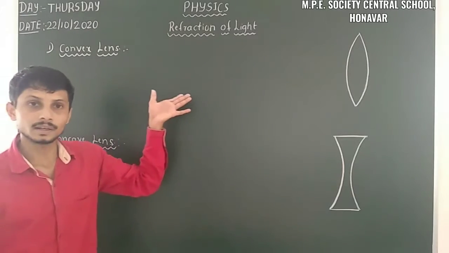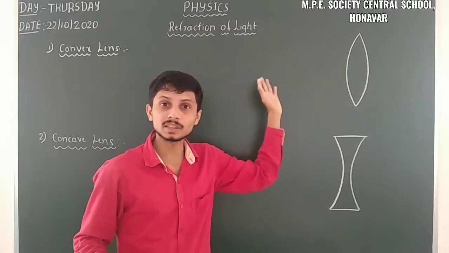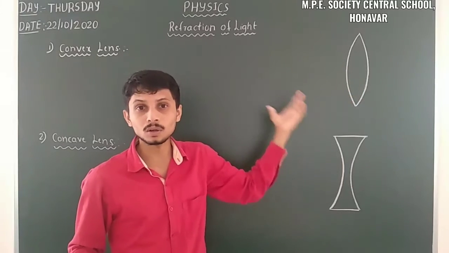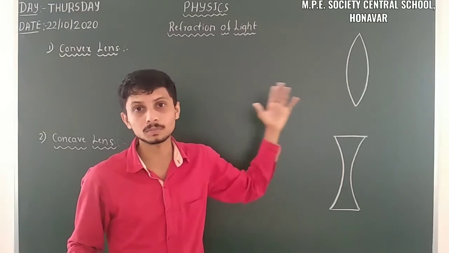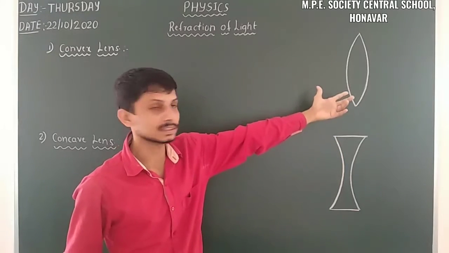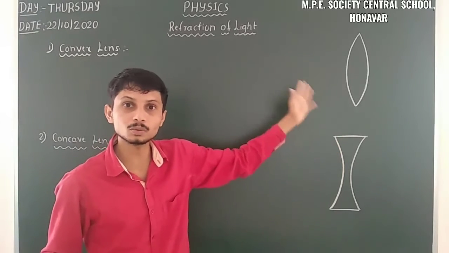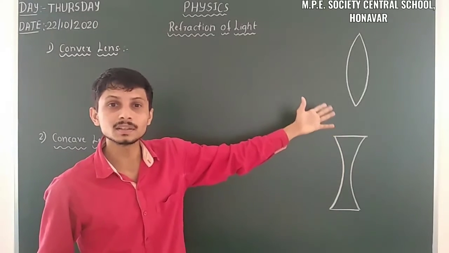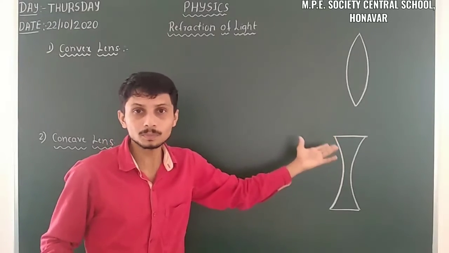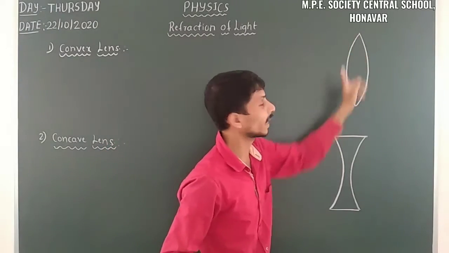We know a lens has two surfaces, one of which is bulging outward or spherical in nature. Just observe here, the convex lens has two surfaces, and they are bulging outward like that.